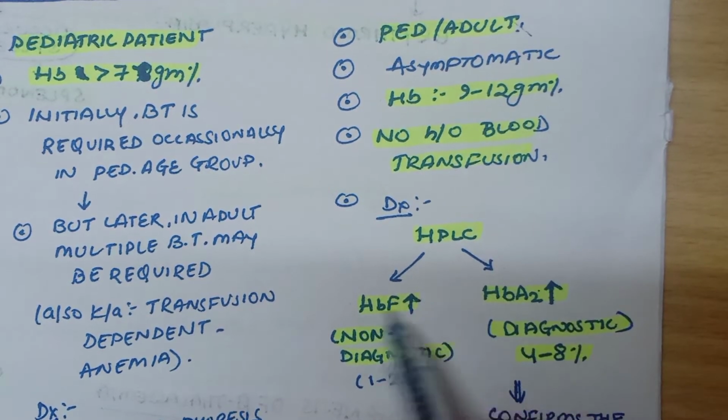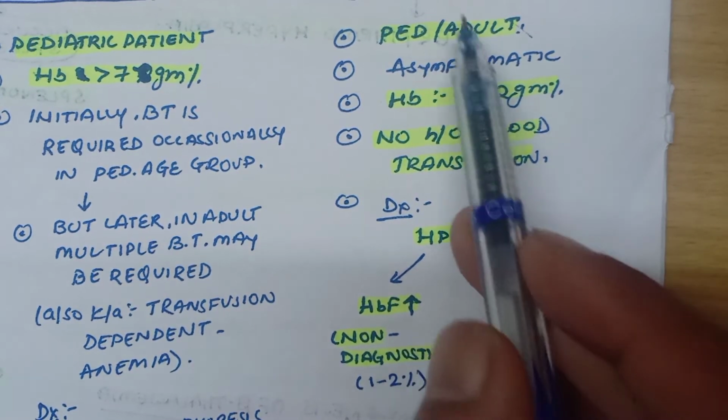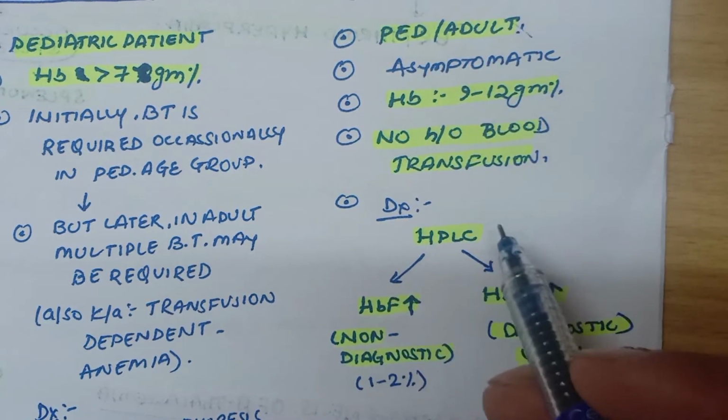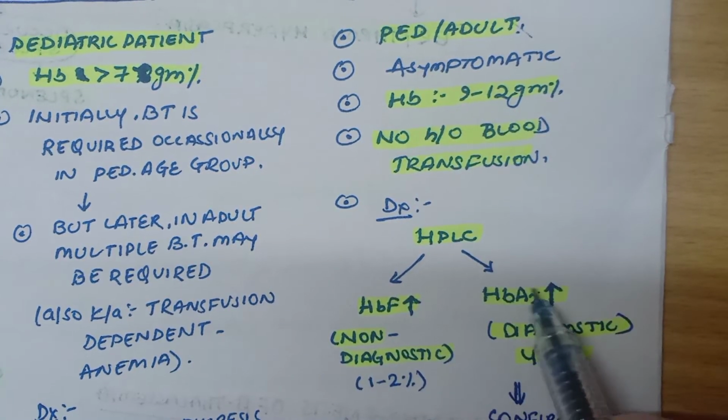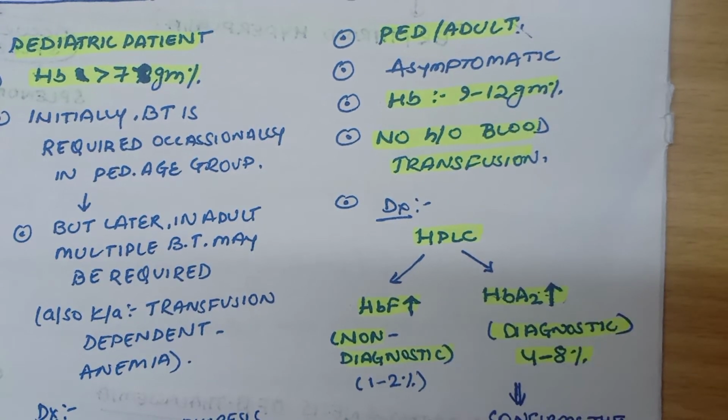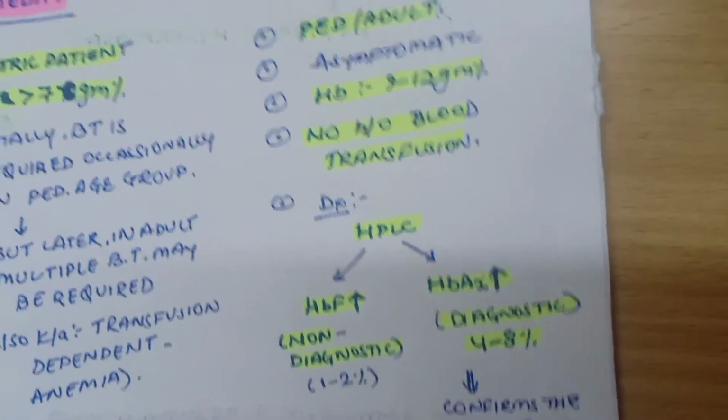Fetal hemoglobin is non-diagnostic in beta thalassemia minor. Here HbA2 will be diagnostic. This HbA2 will confirm the diagnosis of thalassemia minor.